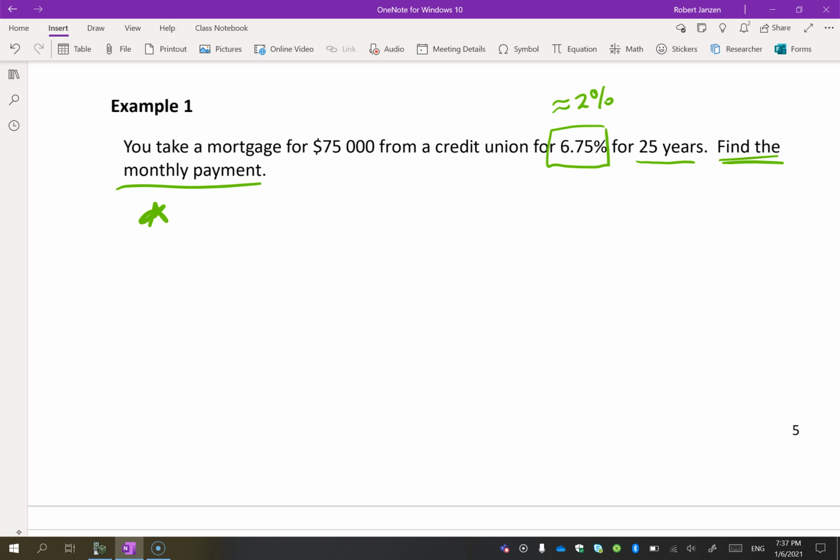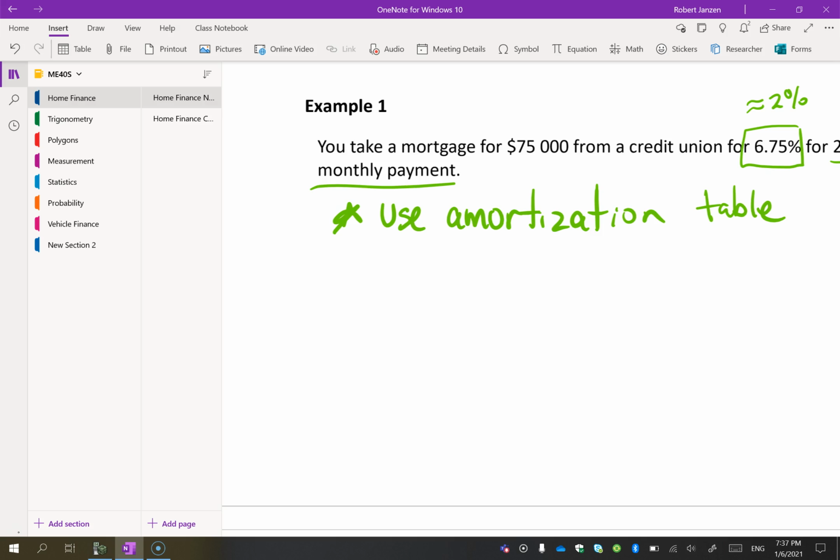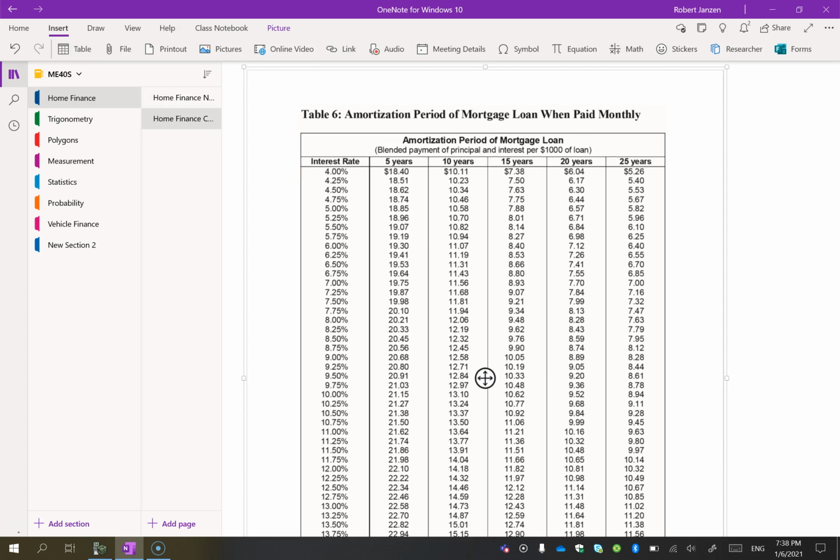For this, we're going to use what we call an amortization period table. Now, if you went into a bank and you said, look, I want to borrow this much money at this rate, they will tell you what the monthly payments are. You don't have to calculate this, but it's useful to have an idea. So I've got them posted here. The amortization period is table 6.